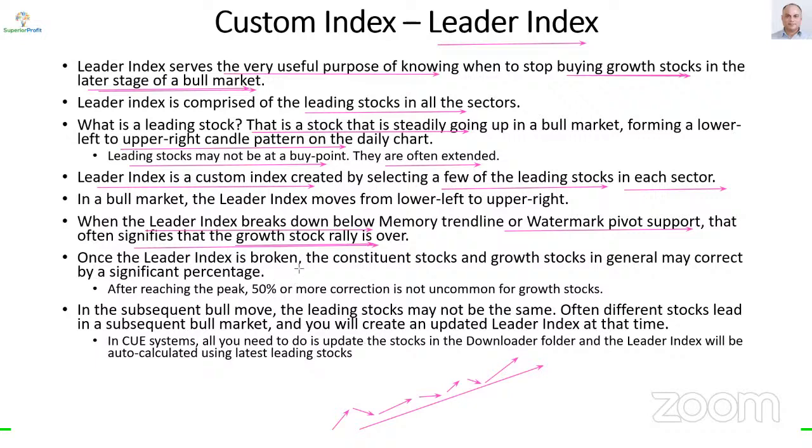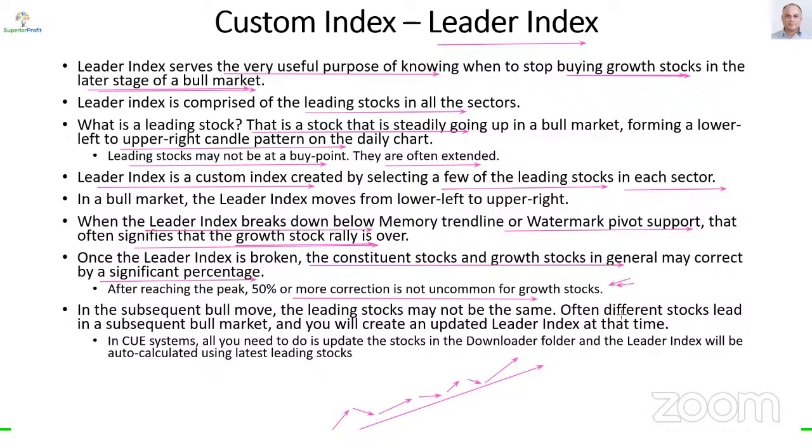Once the leader index is broken, the constituent stocks and growth stocks in general may correct by a significant percentage. After reaching the peak, 50% or more correction is not uncommon. It's not based on my research, but the general thought is that after reaching the peak, growth stocks, high earnings growth stocks, correct a lot.